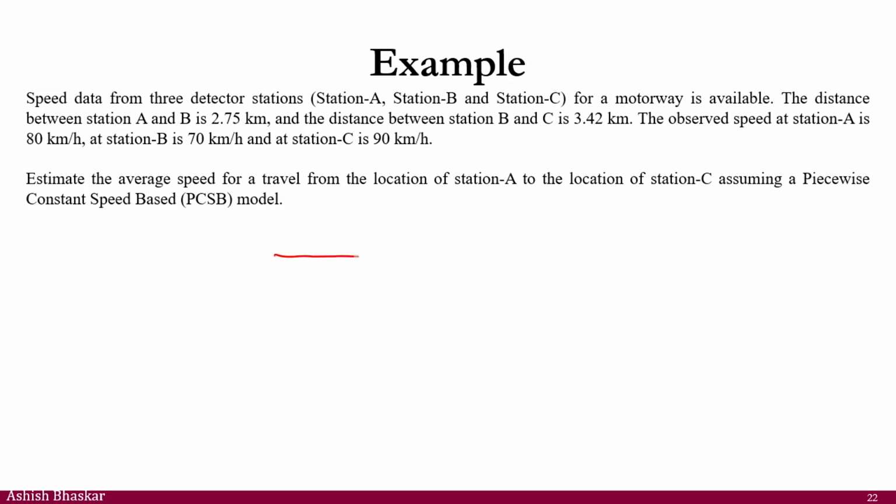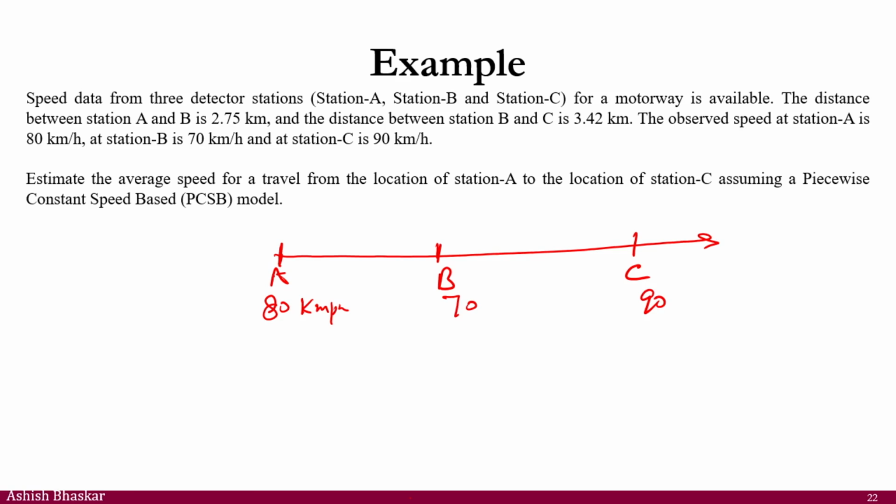So imagine this: you have location A, location B, location C. Three locations, right? You have observed a speed of 80 kilometers per hour here, then a speed of 70, and a speed of 90. This 80 is constant for this distance, half of the two.